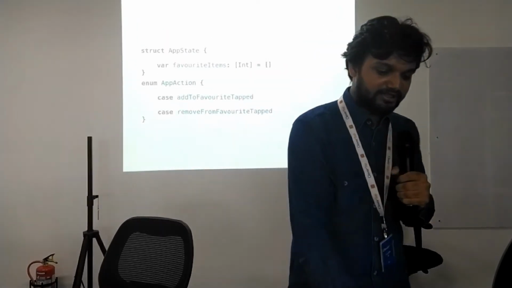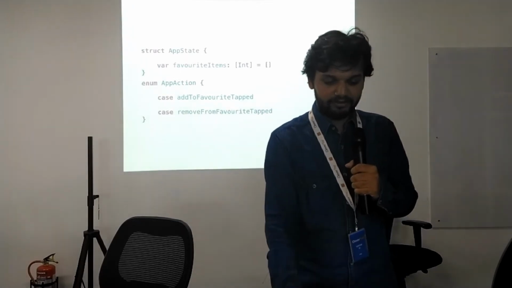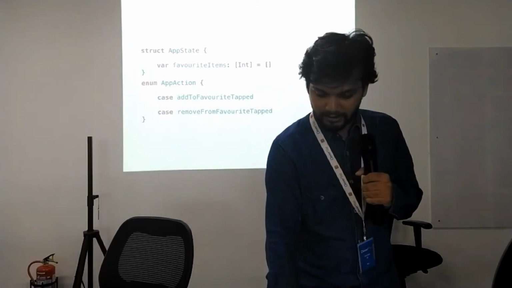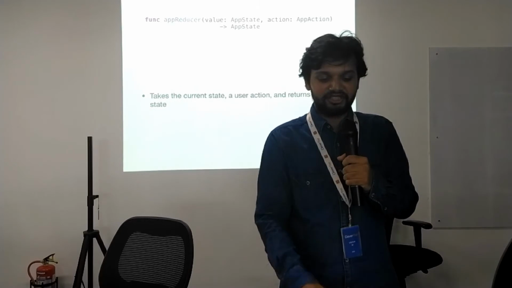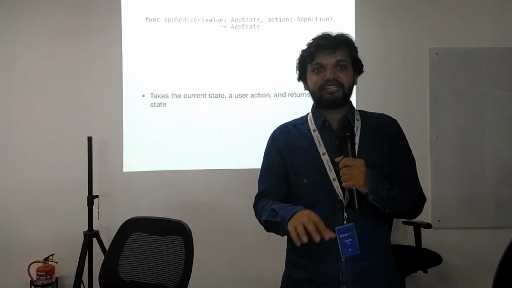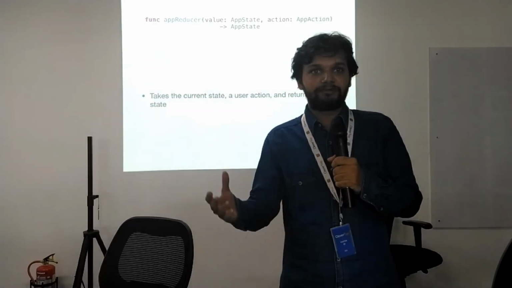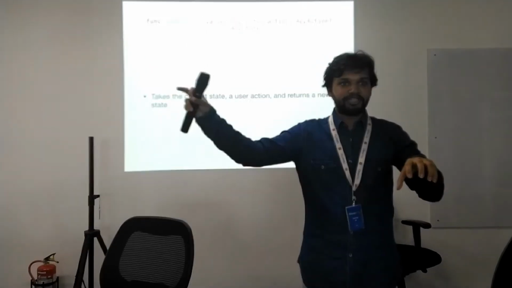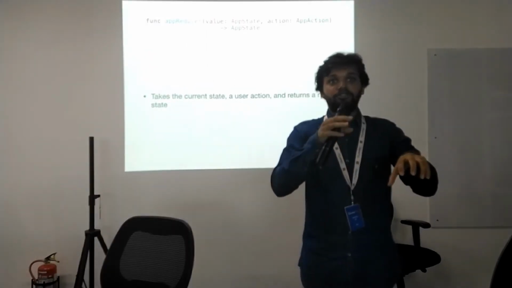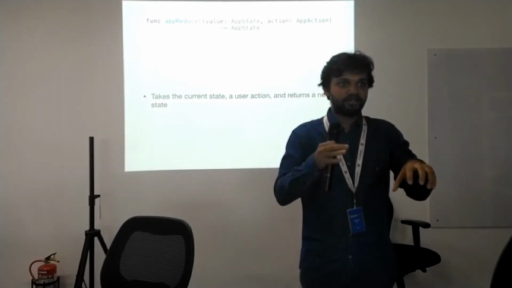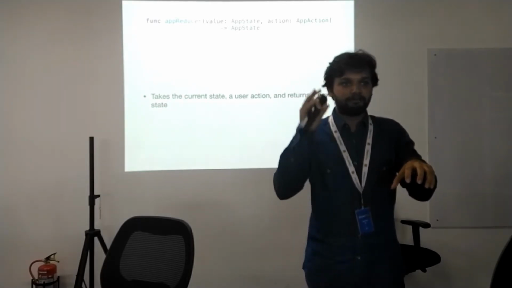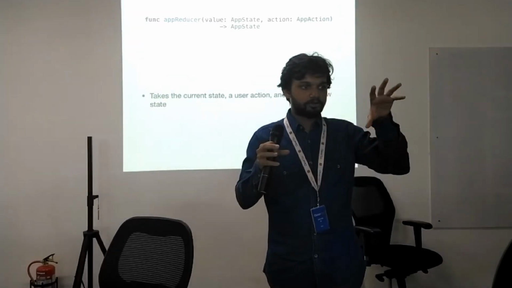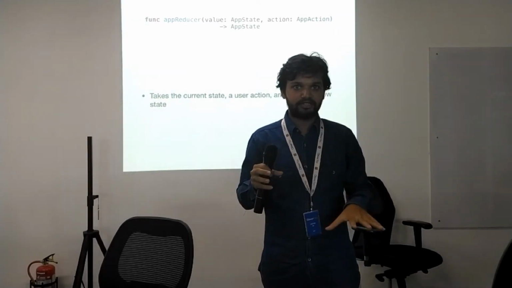So this is the app state, this is the app action, and then we'll go for a function which takes an app state, takes an action, and then returns a new app state. As in, you have the current state of the app. You have a mutation coming around, as in the user liked the image, or the user added a favorite number to it. So you have an app state, the current state of the app.